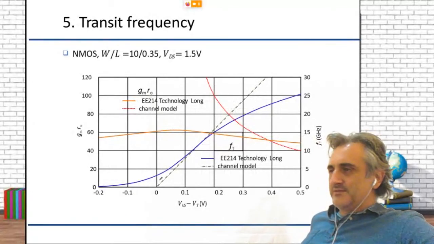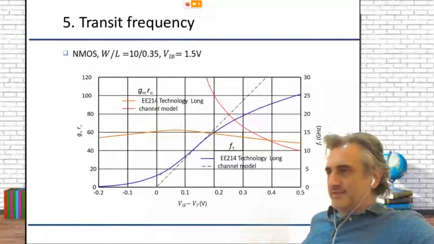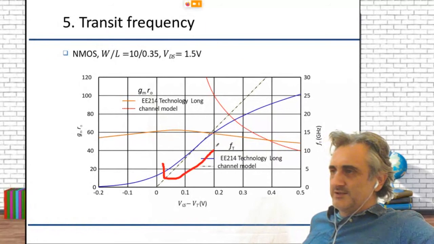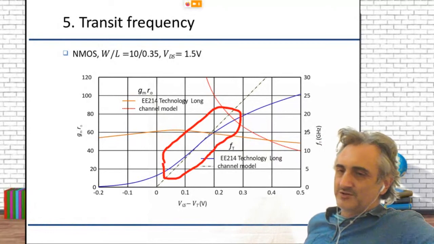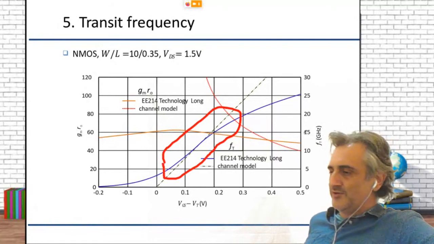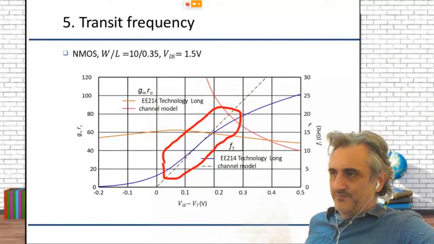But really this is something more like a sigmoid, which is a good approximation in this range here. Notice that it differs enormously for big voltages, because the long channel model is no longer valid.